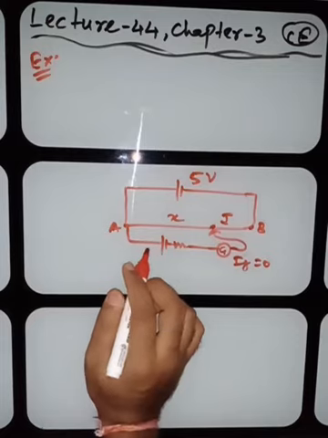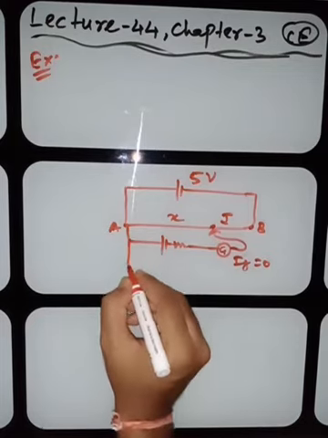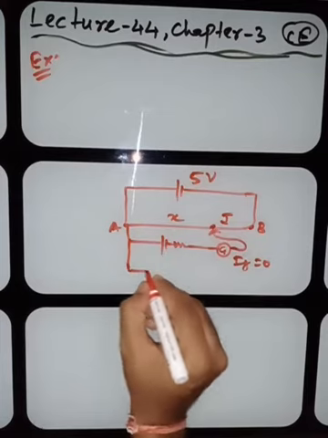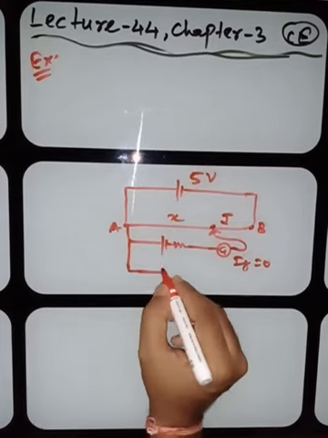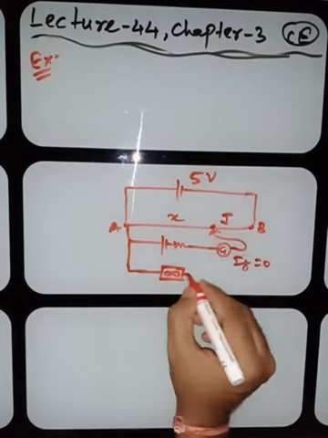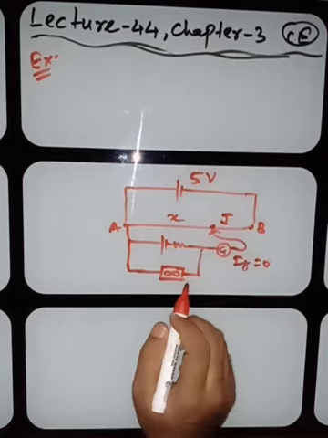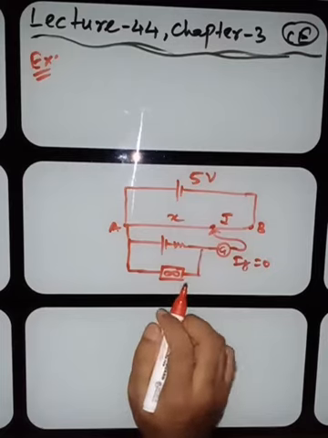Now this is very important, my dear student. When this potentiometer circuit is shunted by infinity, kindly note down the question.